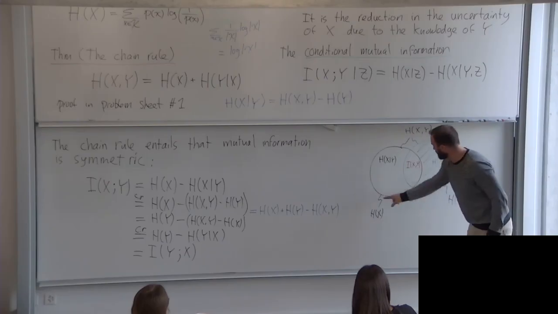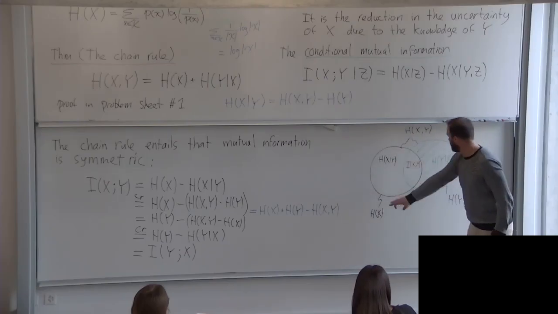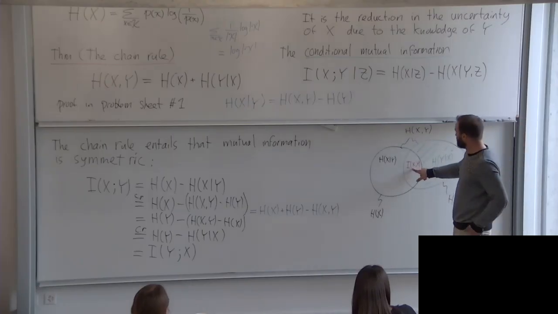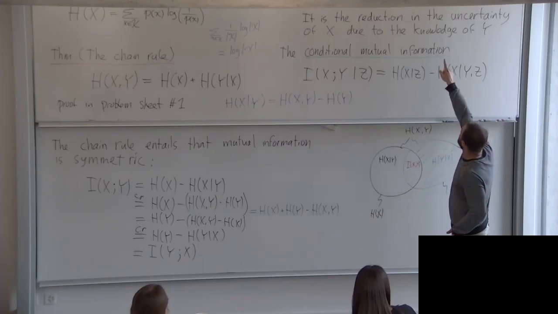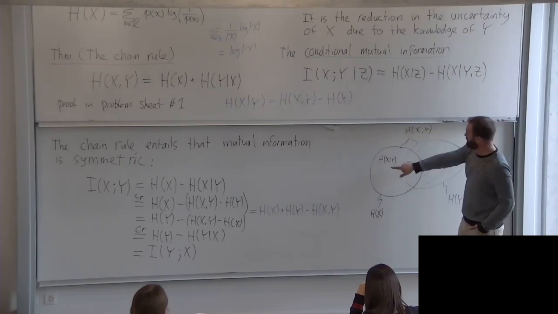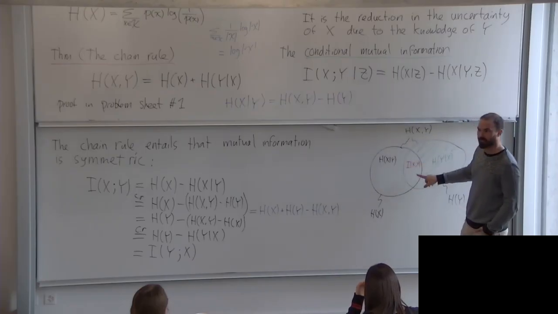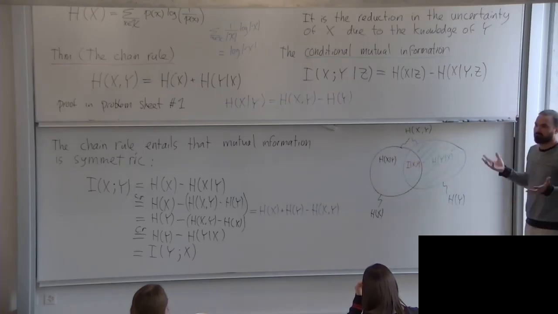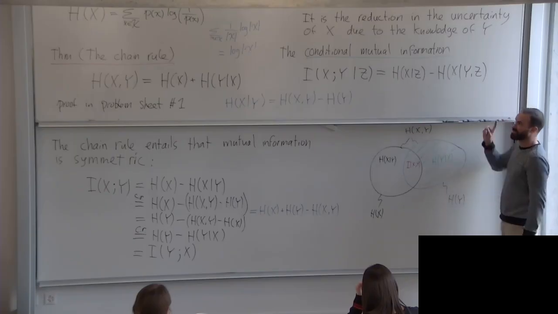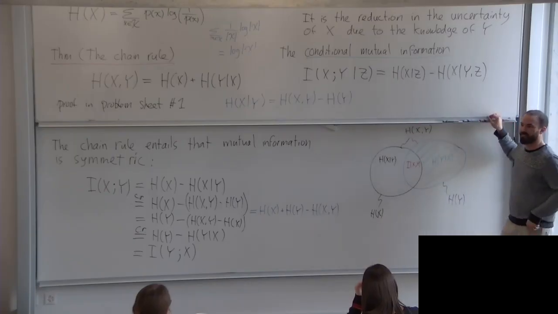I could have said it's h of x, the whole black region, plus h of y given x, the green region here. Or we can ask what's the mutual information between x and y? By definition, it's h of x, the whole region in black, minus h of x given y. Yeah, it works. That's what's left. It's the mutual information. So if one likes to think diagrammatically, this diagram represents faithfully the algebraic relations that entropy and mutual information satisfy.